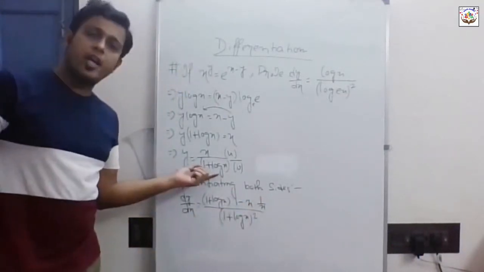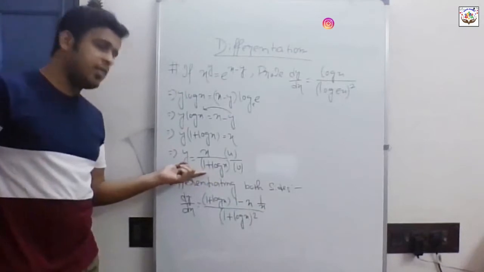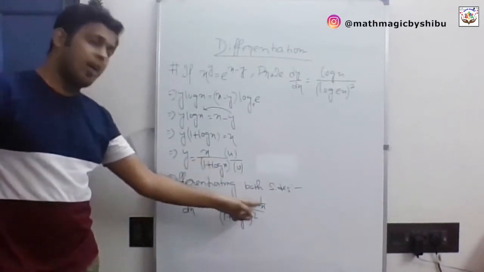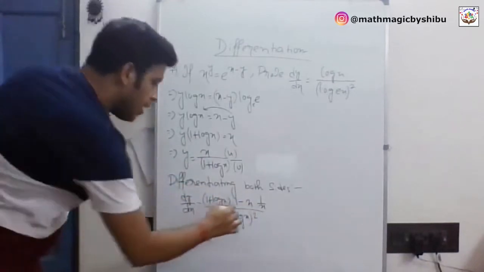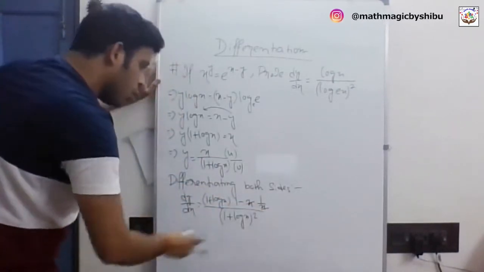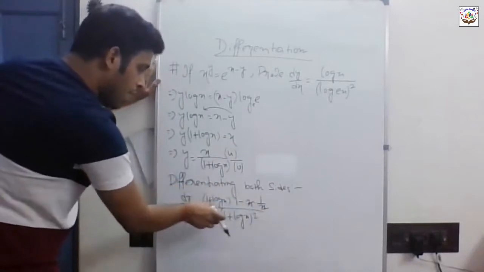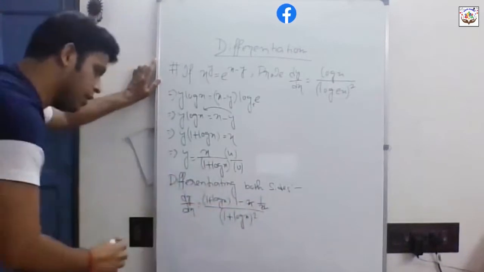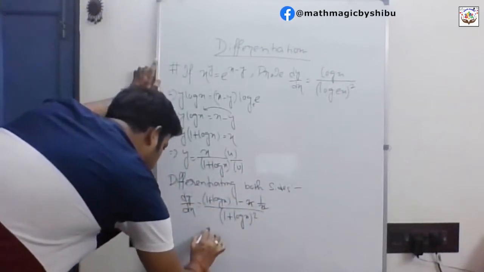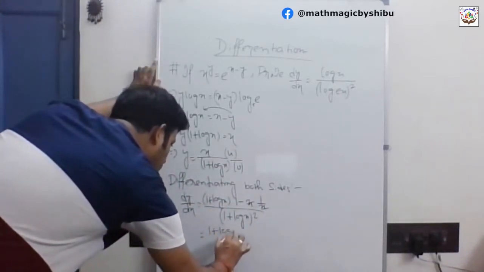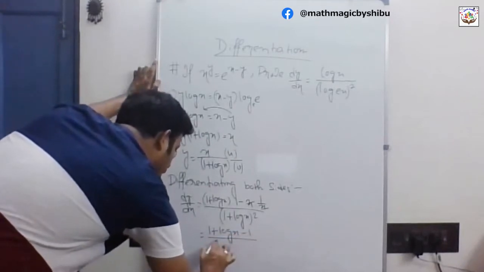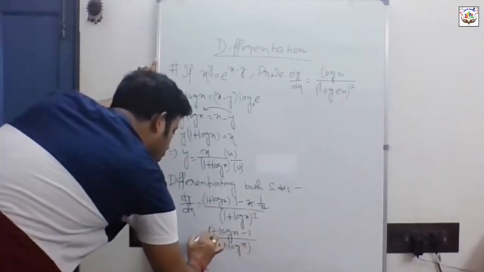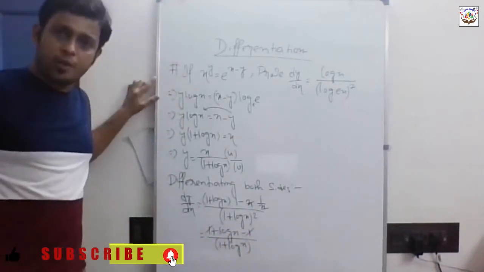Because the derivative of log x is 1 by x and the derivative of 1 is 0. So ultimately the derivative of 1 plus log x will be 1 by x only. Right? Now if we cancel out x and x, we have 1, we have minus 1, and from here we are getting plus 1, so 1 plus log x minus 1 ultimately. So it is (1 plus log x minus 1) divided by (1 plus log x) whole square, and we can easily cancel out plus 1 and minus 1.